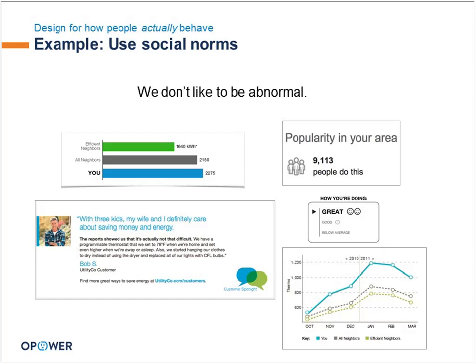There's a testimonial on the bottom there with a customer talking about different ways that they are saving energy with their family. And there are different data displays as well on here where we're using this social comparison. So social proof and social norms are all powerful ways for you to get somebody's attention.